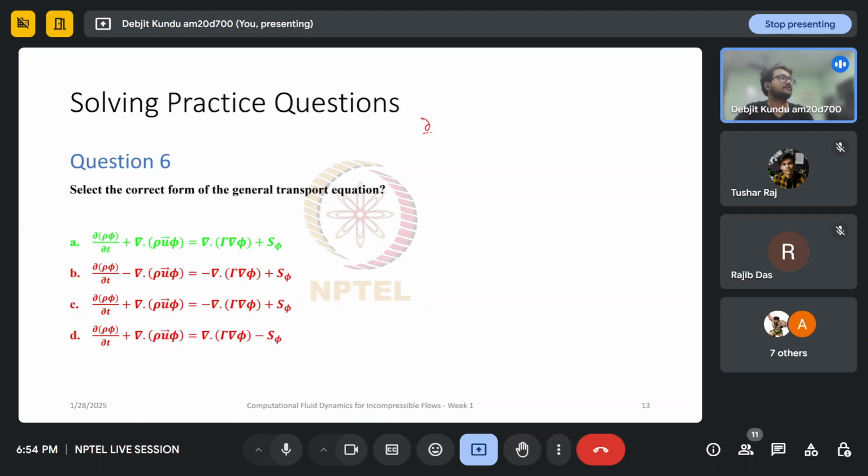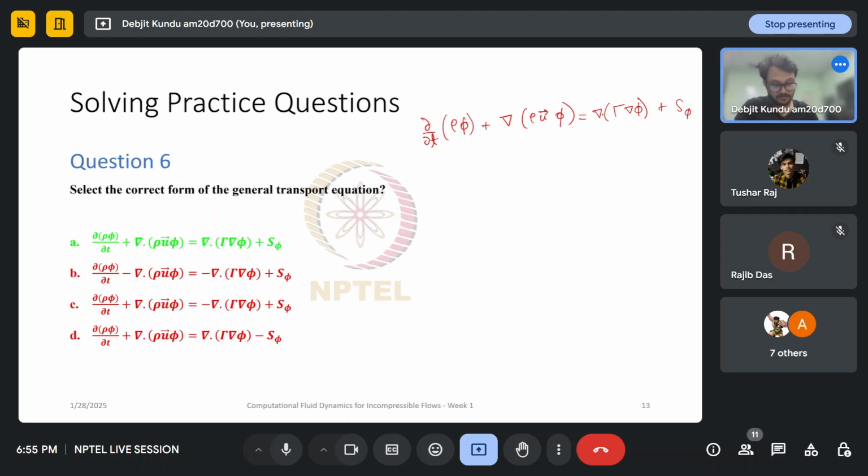Initially, we have what we call the temporal term, which is ∂/∂t of rho phi, plus the convective term, which is rho u phi, and that is equal to the diffusive term, which is the gradient of gamma into the gradient of phi, and we have a source term S_phi.